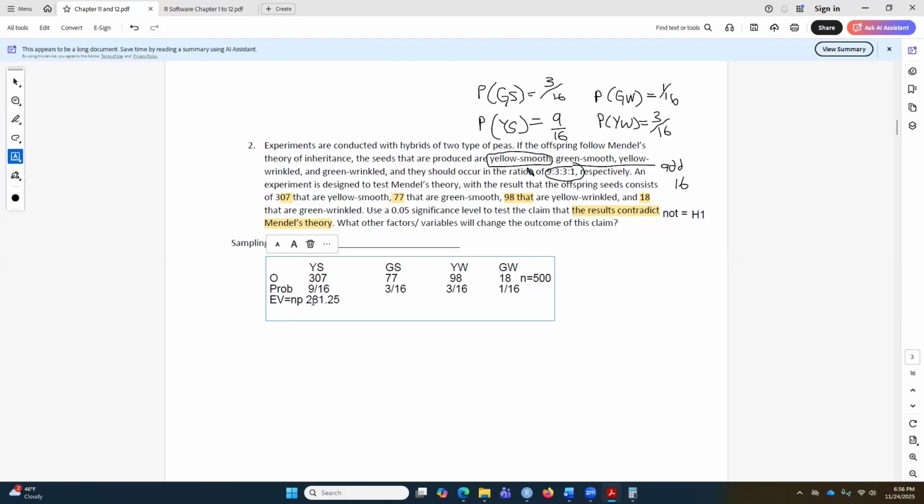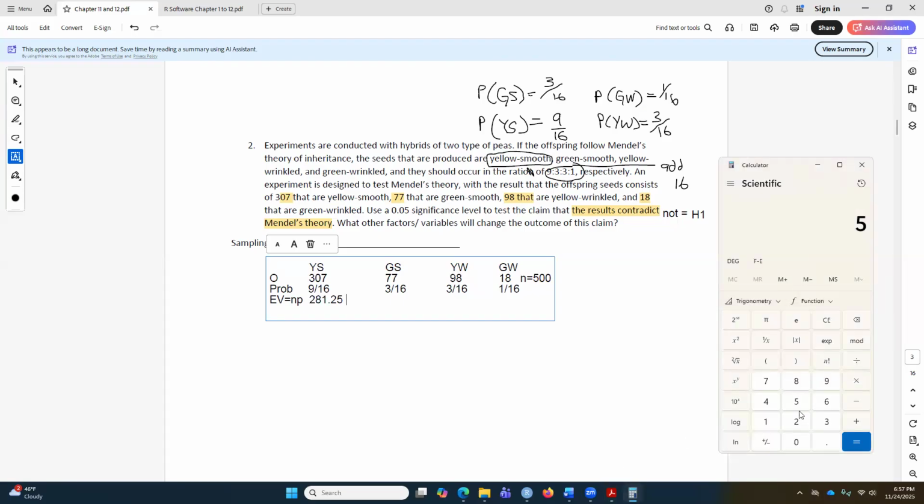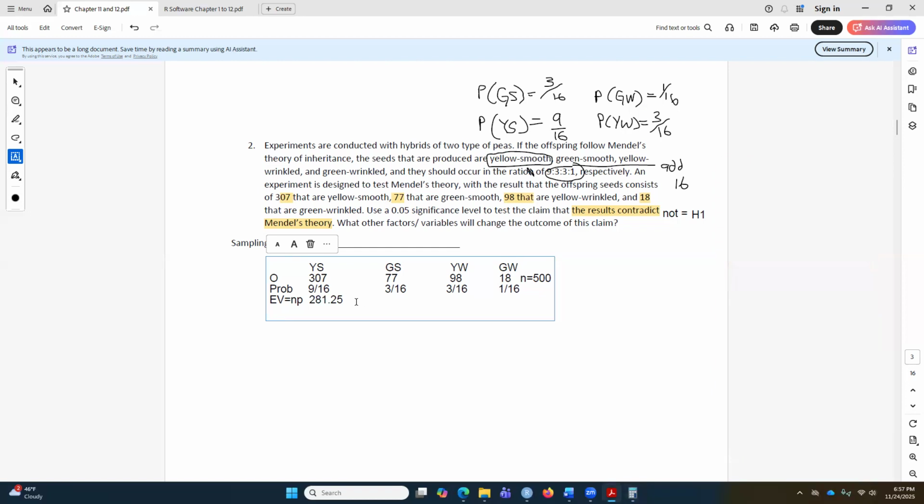And you have to do the same thing for the other groups in this case. For the green smooth, 500 times 3 out of 16 will be 93.75. And this is also 93.75 because your probability is the same, 3 out of 16 of 500.